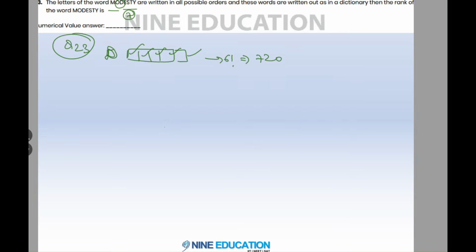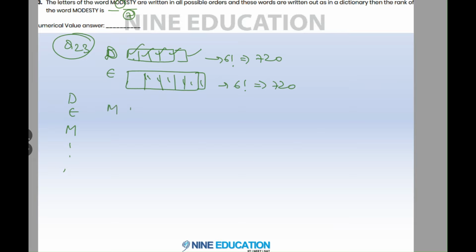So we have 6 factorial choices to fill the remaining blanks, which is 720. So 720 words in the dictionary start with D. Now the next letter in the dictionary is E. Words starting with E will again have 6 letters left, so 6 factorial ways of writing the letters.